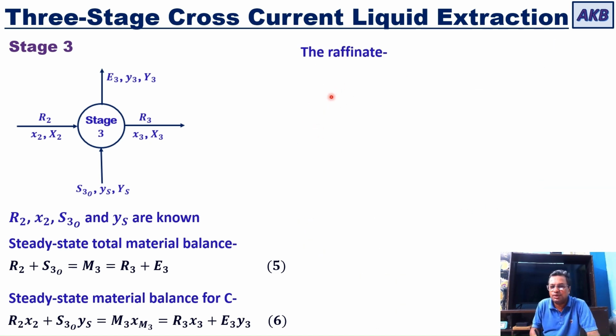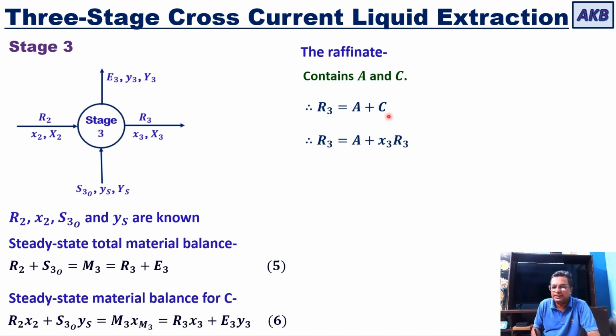Now let us look at the raffinate phase. Raffinate phase will contain A and C in it. So R3 in this case is A plus C. Mass of raffinate is equal to mass of A plus mass of C. That is R3 is equal to A plus X3 into R3, because C in the raffinate phase is X3 into R3.